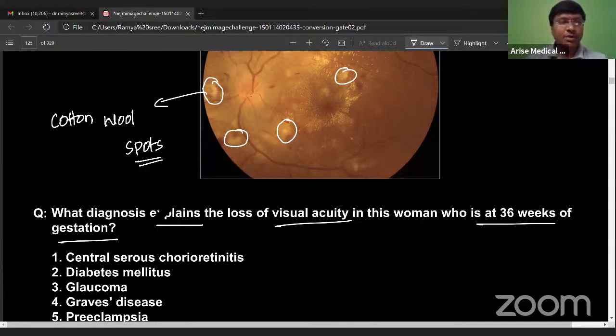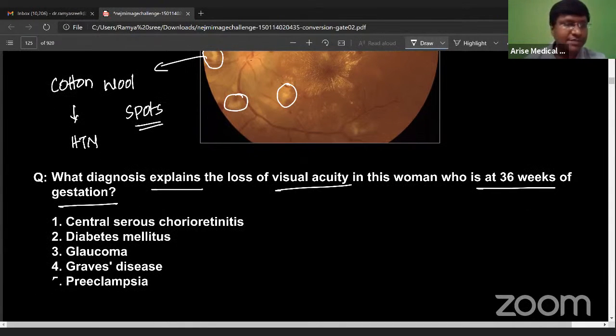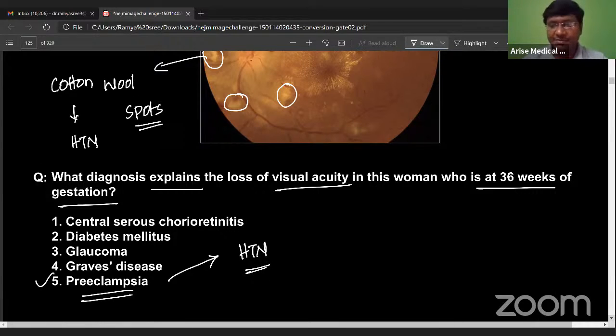Now, cotton wool spots, where do you have them? In case of hypertension. Now, in which clinical scenario among the options given will you have hypertension? That is in patients with preeclampsia. So the answer to this question is preeclampsia.